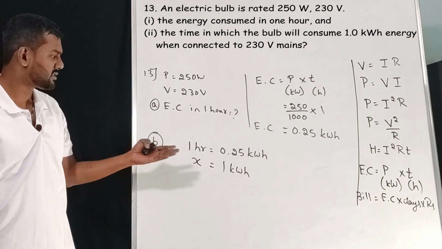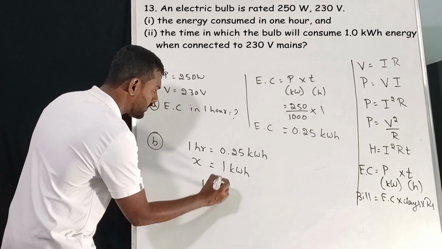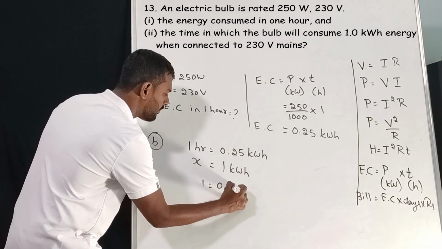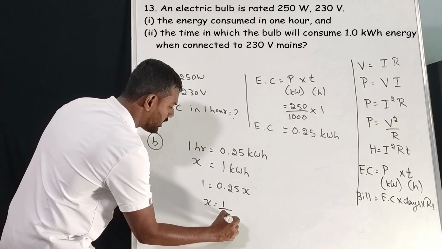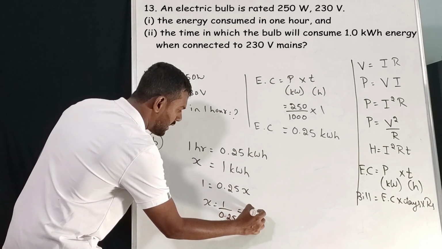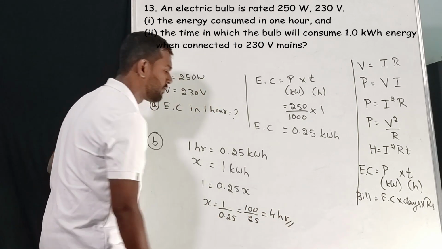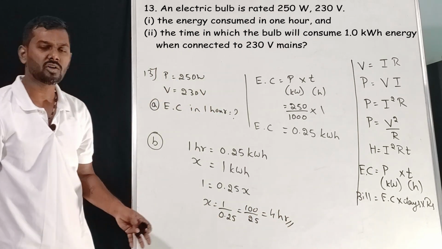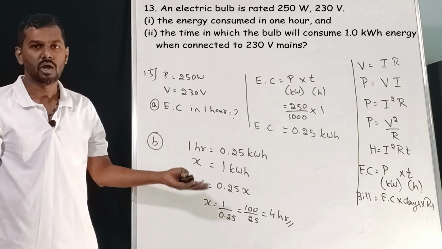Go for cross multiplication, we'll get the answer. 1 into 1 is equal to 0.25 x. So x is equal to 1 by 0.25, that will be 100 by 25 is equal to 4 hours. That's it. See, very simple. Not all the time should you go for the calculation method. Sometimes without calculation also you will get it.